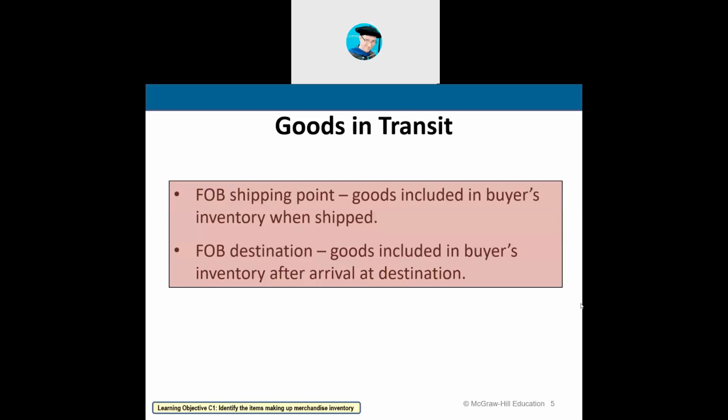The buyer pays UPS for the shipping when it's free on board shipping point. The difference here is that with free on board destination, the seller is paying for the shipping, but the buyer's ultimately paying for it because it's included on the invoice. If that makes sense.